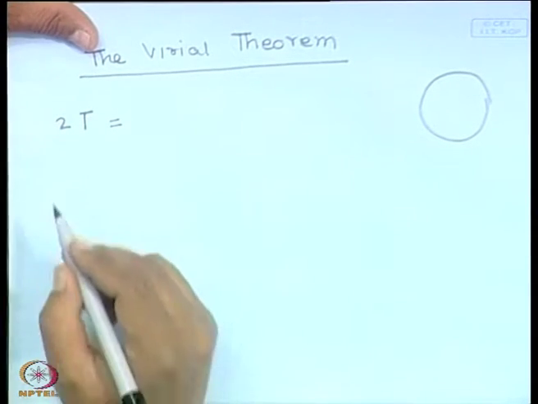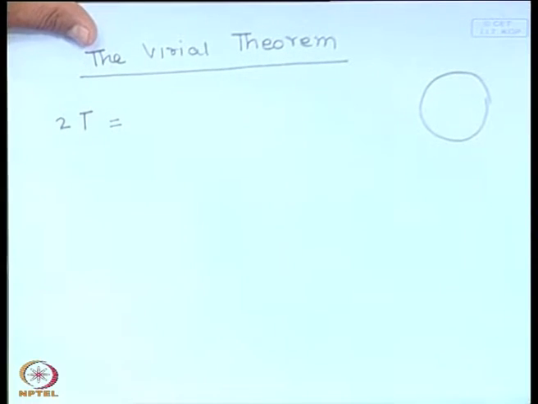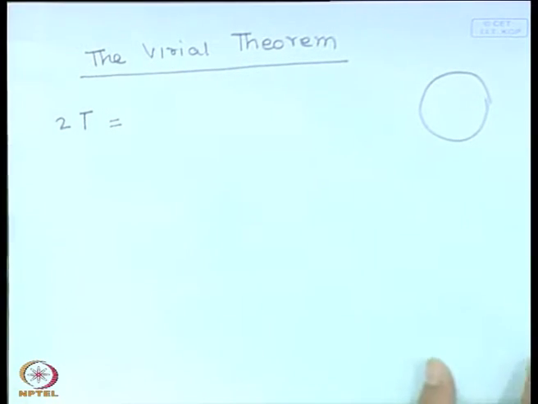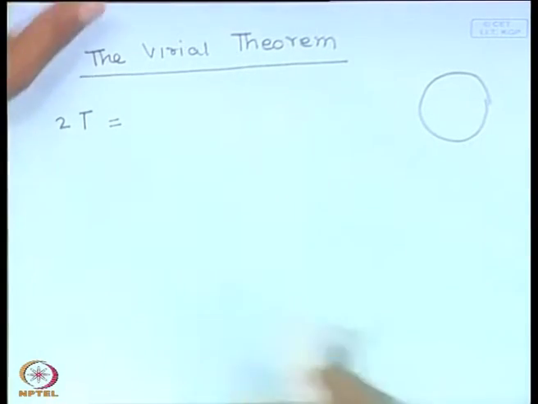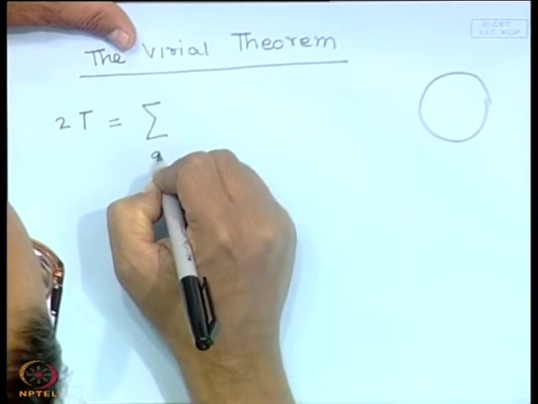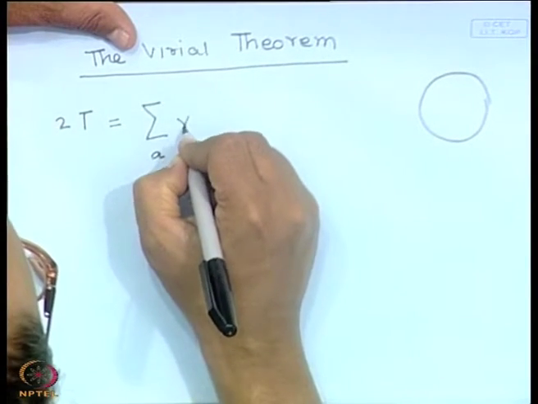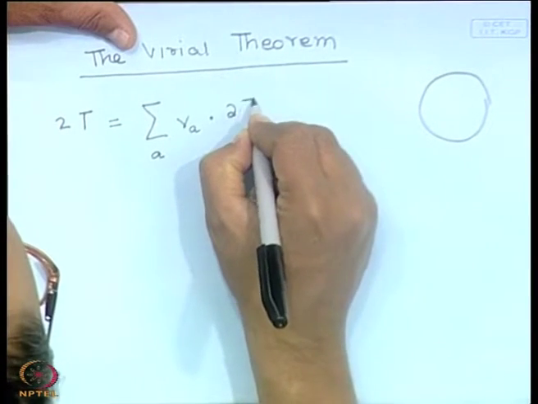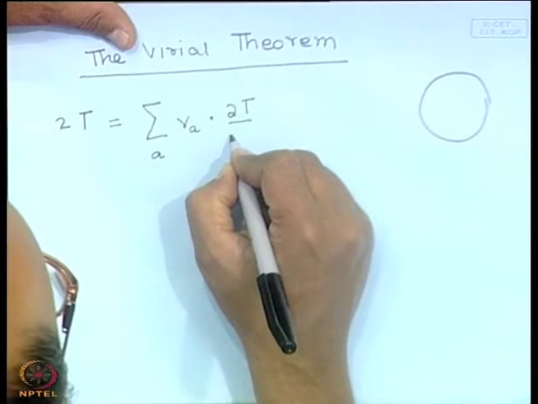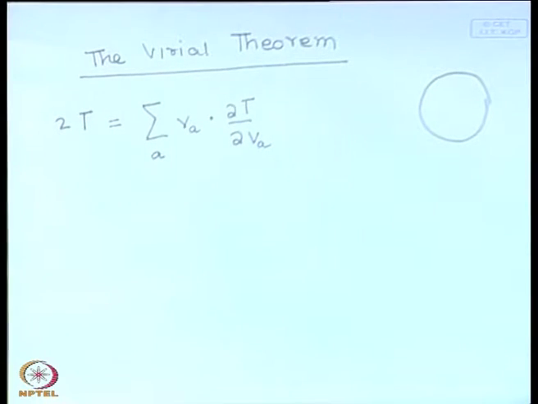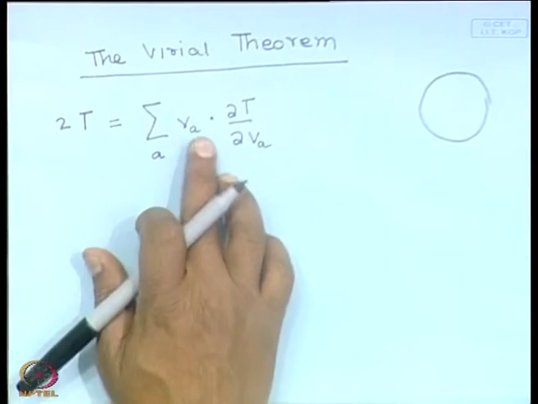is mv squared. We know that the kinetic energy is half mv squared. So, this can be written as the sum over A of v_A dot del T by del v, where the system that we are considering may have many particles and these are labeled by A. The v's are vectors.